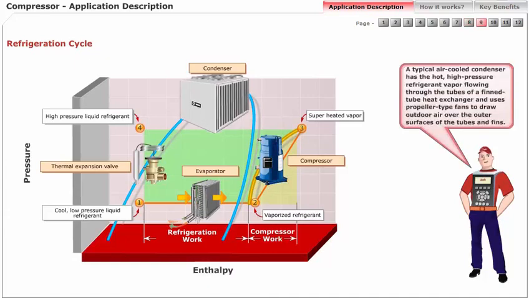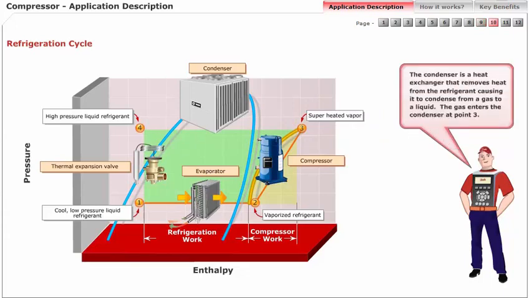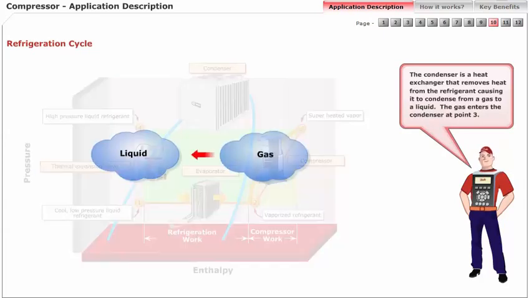A typical air-cooled condenser has the hot, high-pressure refrigerant vapor flowing through the tubes of a fin tube heat exchanger, and uses propeller-type fans to draw outdoor air over the outer surfaces of the tubes and fins. The condenser is a heat exchanger that removes heat from the refrigerant, causing it to condense from a gas to a liquid.